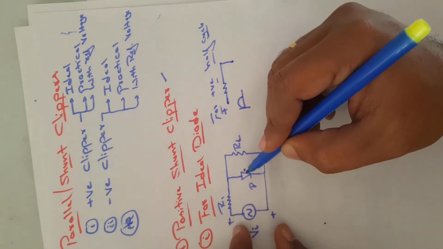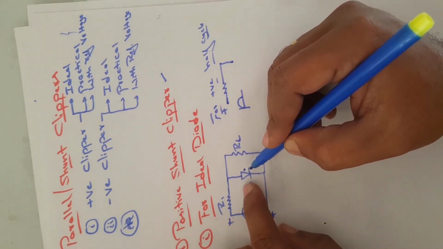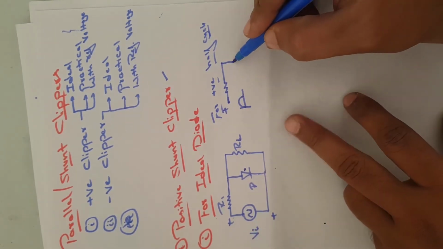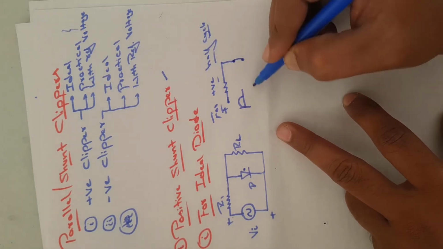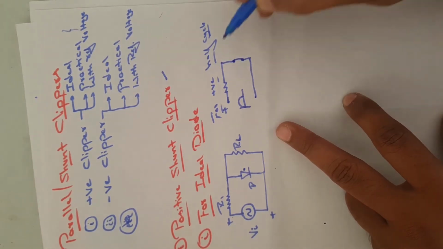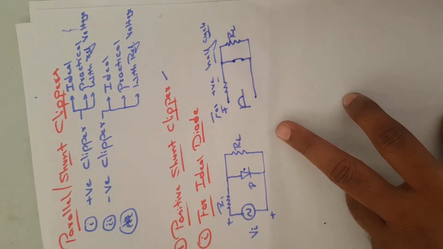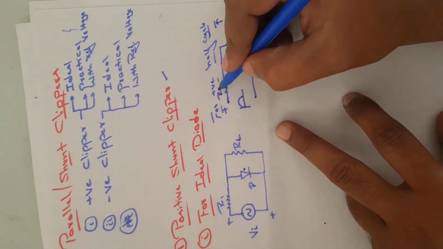It means the diode will be forward biased. Since it is forward biased, the diode should be replaced by a closed switch like this. And here I have a load resistance RL, and I want to measure the output voltage across RL. This is your R1.